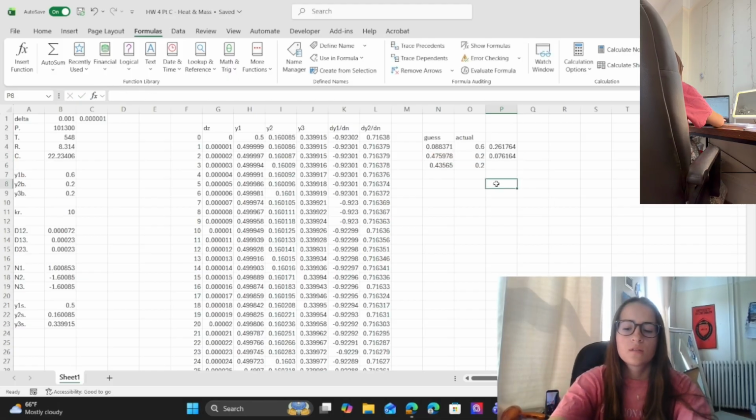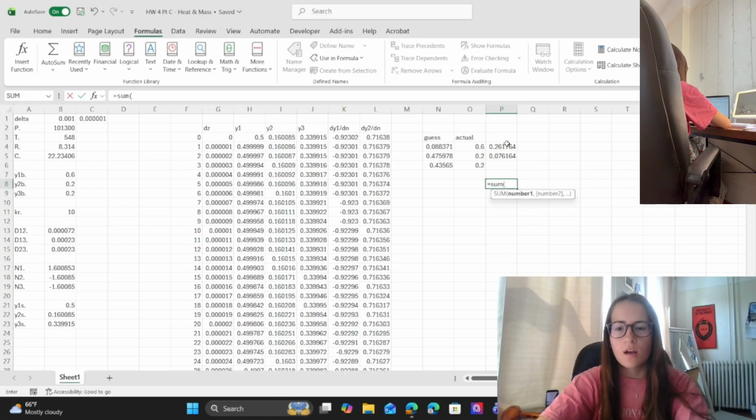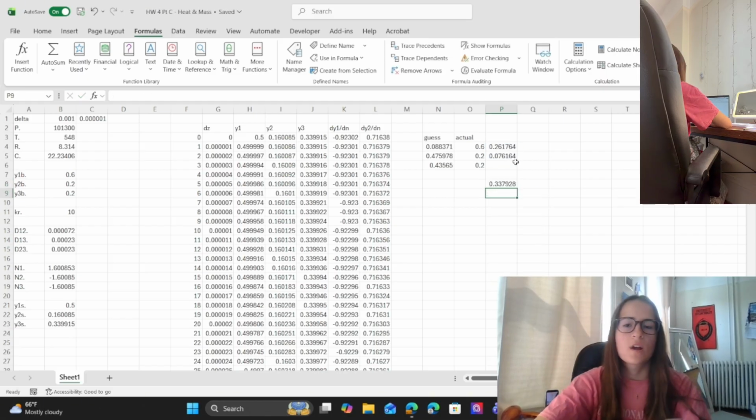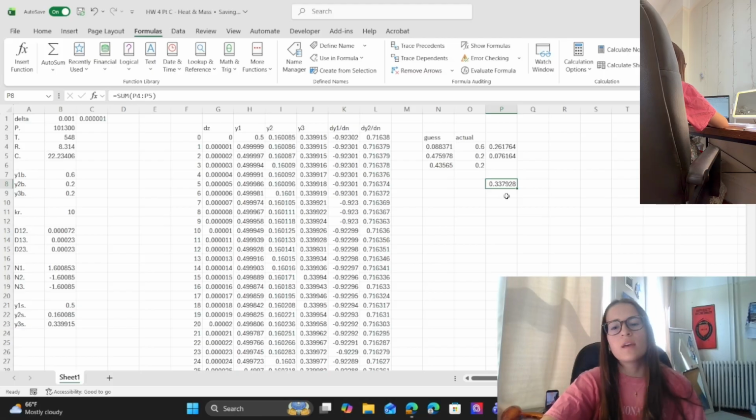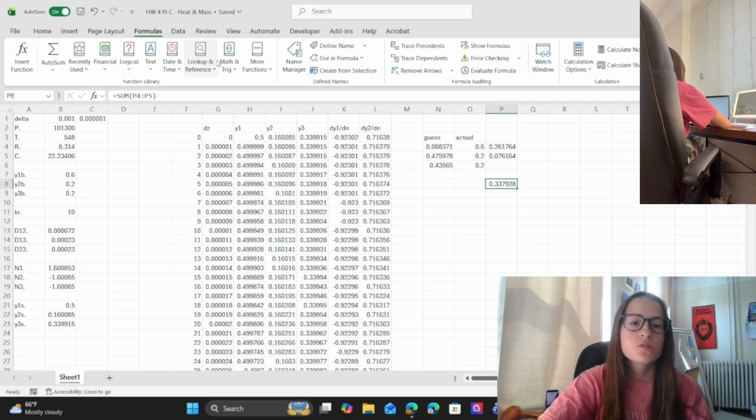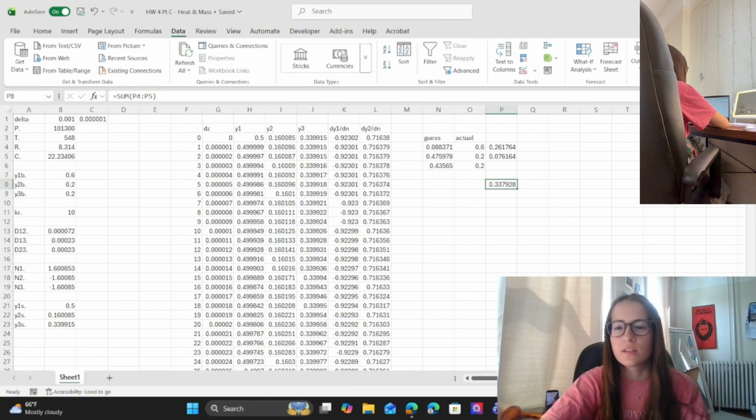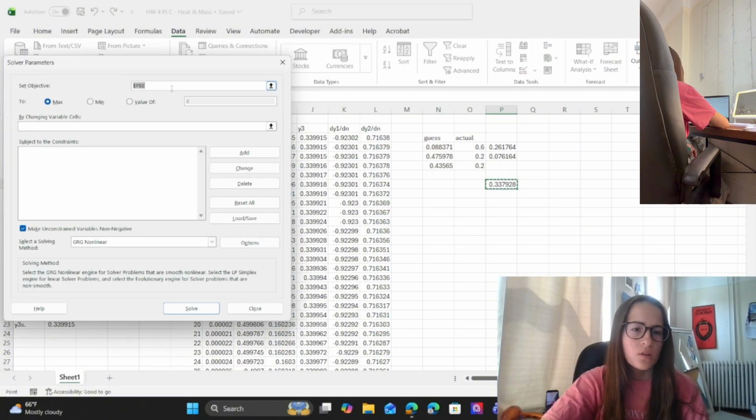So this sum right here is the squared error between our actual versus what our guess was, and then we're taking the sum of that. Now we're going to use Solver just like we did last time in order to get this as minimal as possible. So we're trying to minimize this value.